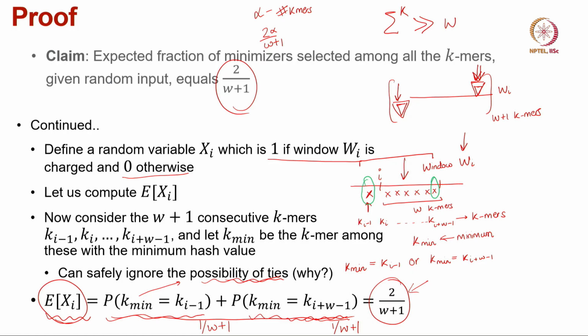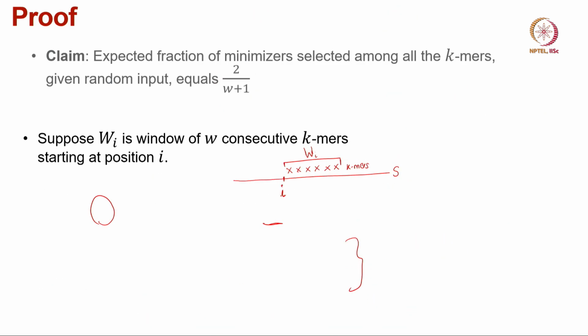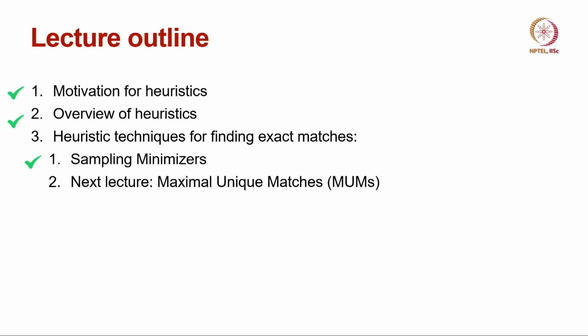So, the fraction that you achieve is 2 by w plus 1 using minimizer sampling, and because we are able to sample the k-mers, we reduce the number of matches when comparing two sequences. This is one reason why the minimizer technique is useful, because it helps us speed up the alignment process as we have fewer matches to deal with.